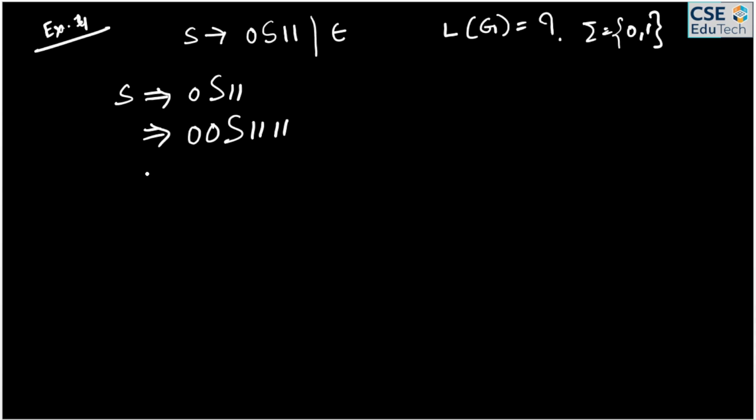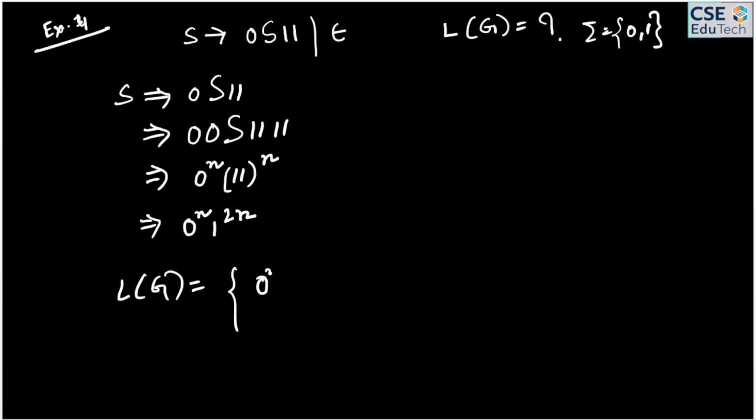So it is basically of the form 0 to the power n, and S can be replaced by epsilon, so 11 to the power n, or we can also write it in that form: 0 to the power n, 1 to the power 2n. So the language generated by this grammar will be 0 to the power n, 1 to the power 2n.